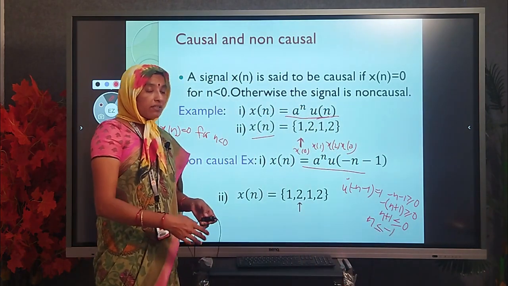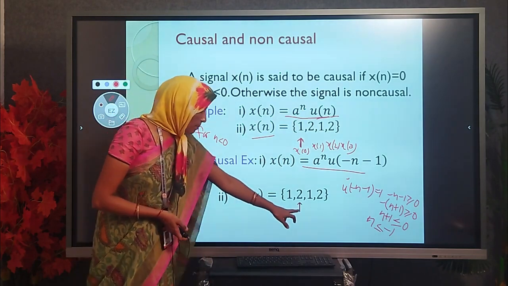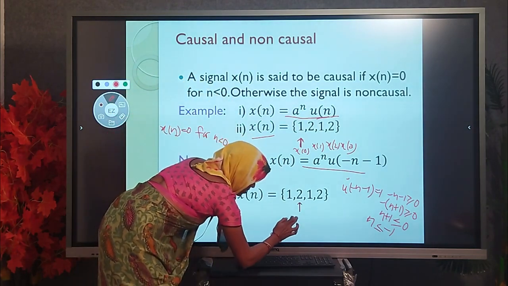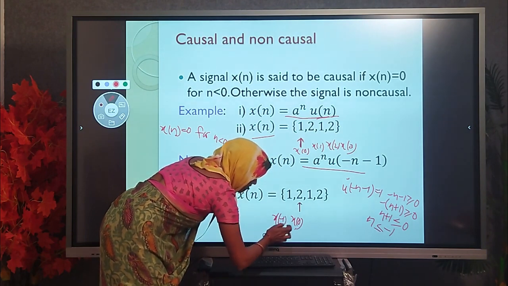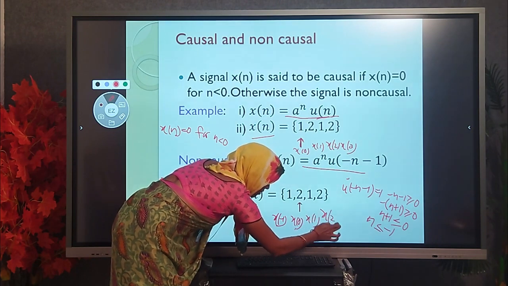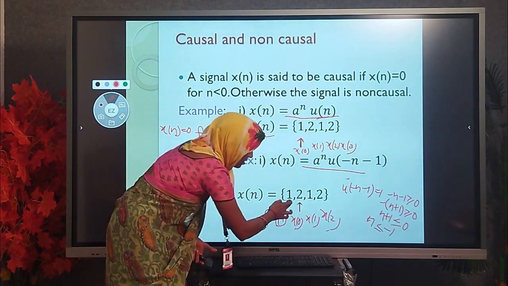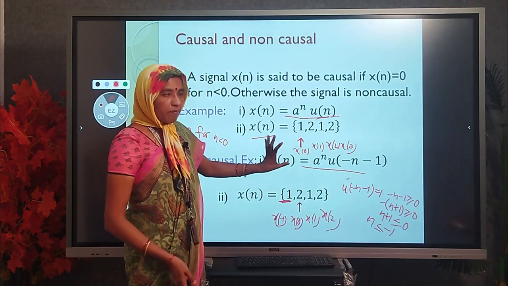For negative values of n the signal exists. That's why it is non-causal. And one more example, look at this one. Here this is x of 0, towards the left hand side x of minus 1, towards the right hand side x of 1, x of 2. So this is non-causal because for negative values of n we have one value. So these are the examples.